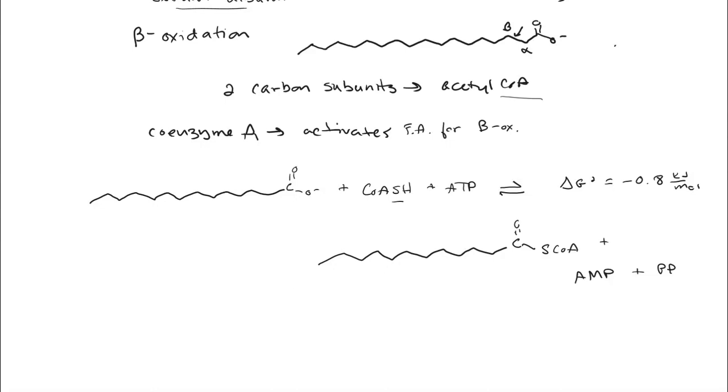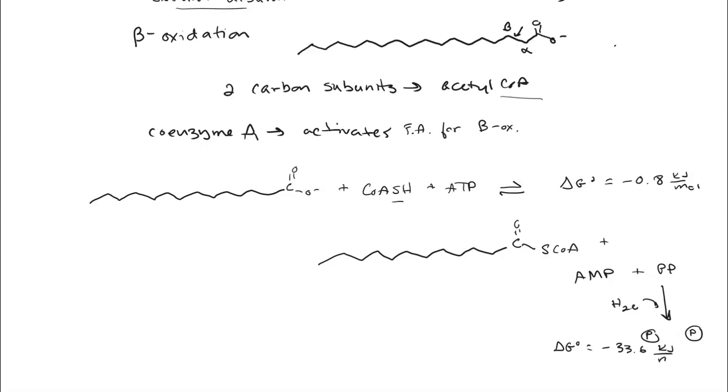Now, what's important though here is that the pyrophosphate undergoes a second spontaneous hydrolysis in the presence of water, which biological systems tend to have plenty of, where it's separated into a pair of phosphates. And this has a delta G of negative 33.6 kilojoules per mole.